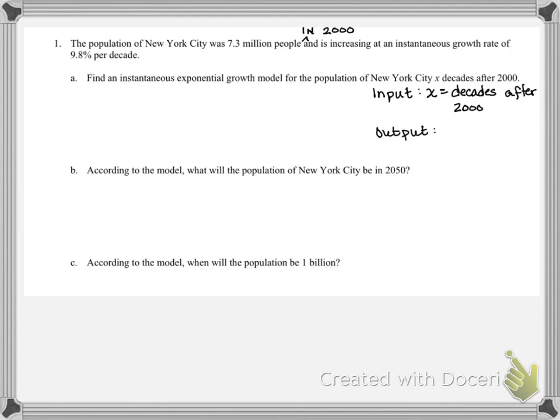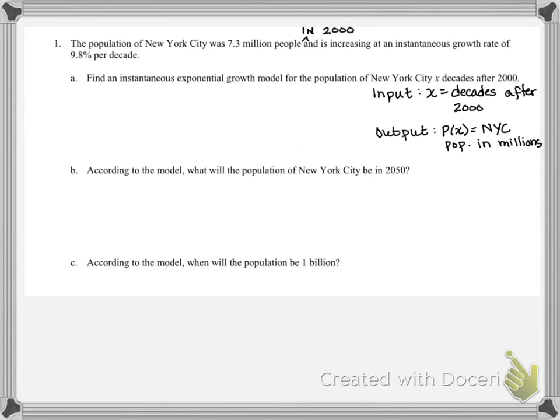That way we don't have to write a bunch of zeros. So we'll call it P of X equals New York City population in millions of people. Do I have to say that we're measuring people? We're all good with that?